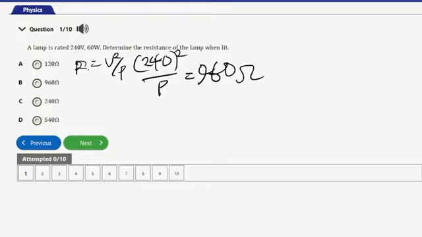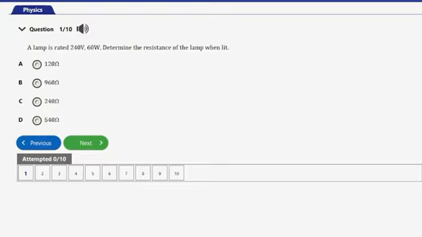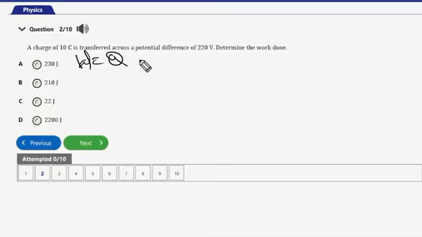Let's go ahead and wipe this off, and then let's consider the next question, guys. So that's question number 2 here. It says a charge of 10 coulombs is transferred across a potential difference of 220 volts. Calculate the work done. So guys, actually we can calculate the work done using W for work is equal to Q times V, where Q is the charge and V is the voltage.